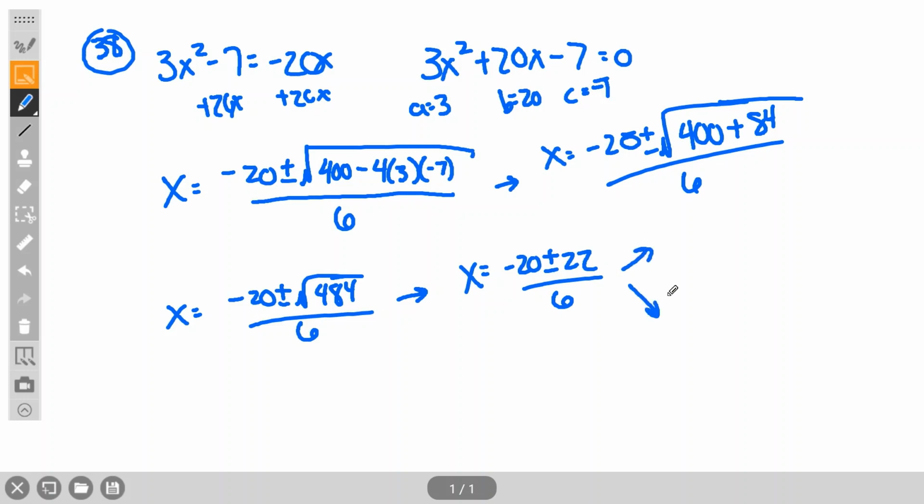So this is two answers. The first one is negative 20 plus 22 over 6. So negative 20 plus 22 is 2, so 2 over 6, or 1/3.